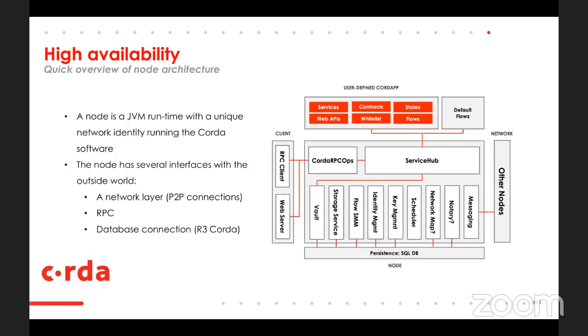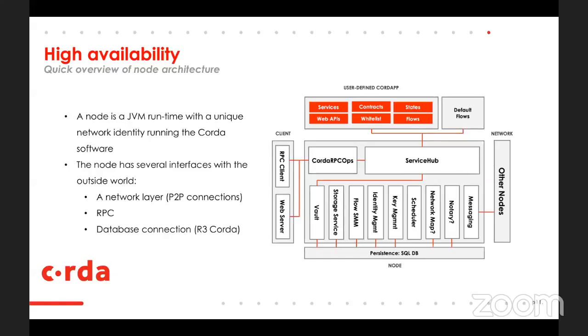The most important one is the network layer, which represents the peer-to-peer connections in the peer-to-peer network. Then we have the RPC layer, which is used by the owners of the node to control the node, as well as Corda apps to control the node and run flows.